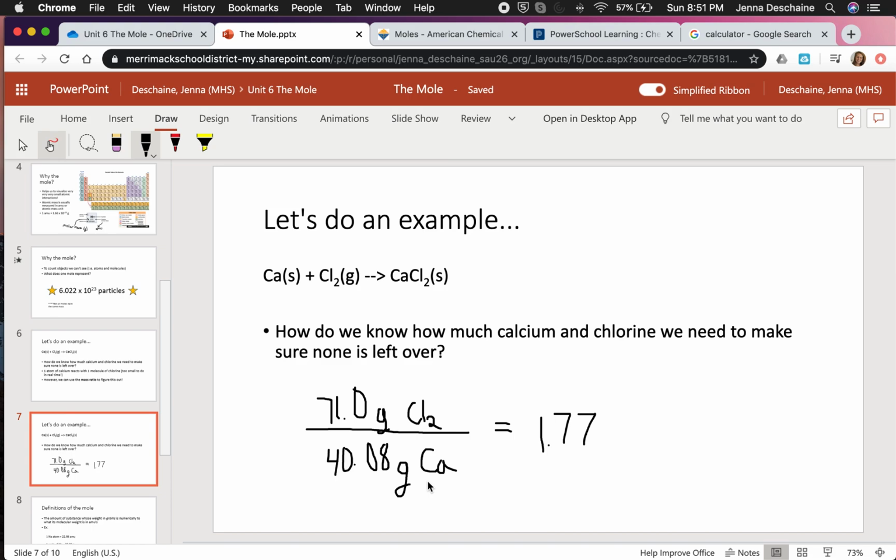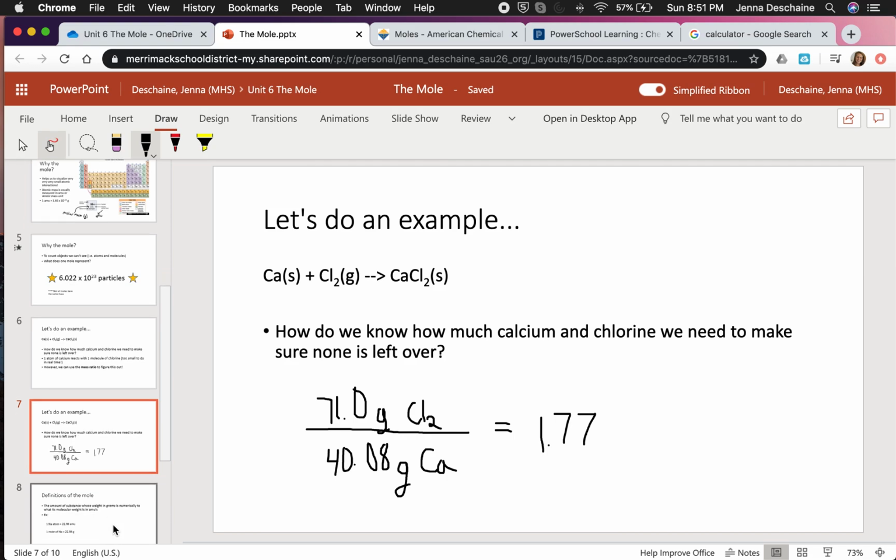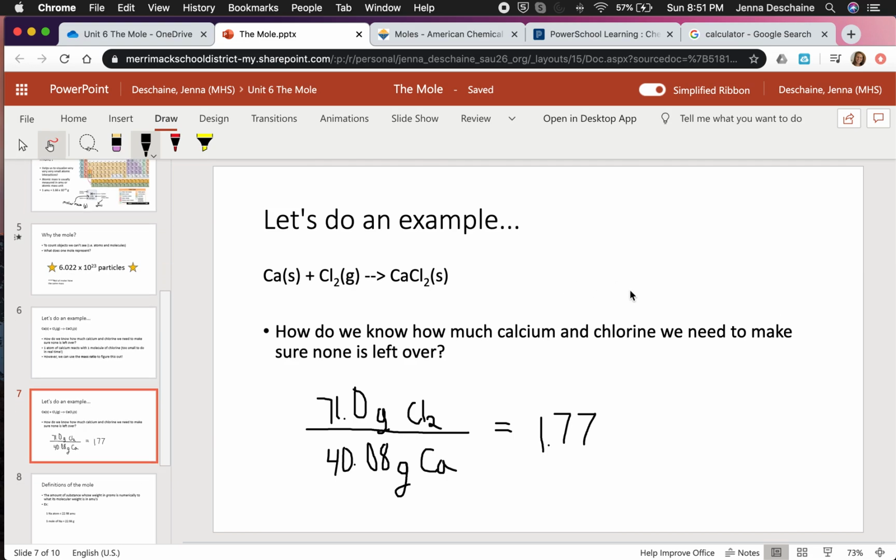Okay, so for example, let's say I gave you 2.5 grams of calcium. And I said to you, you need to make sure that you have enough calcium and chlorine to react and make sure that none is left over, okay?